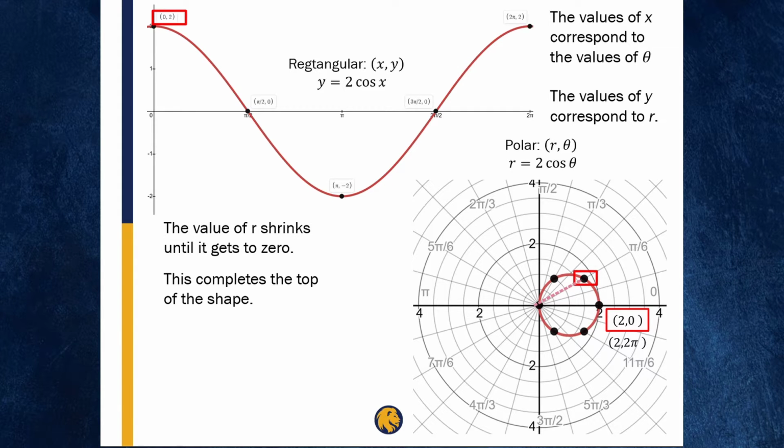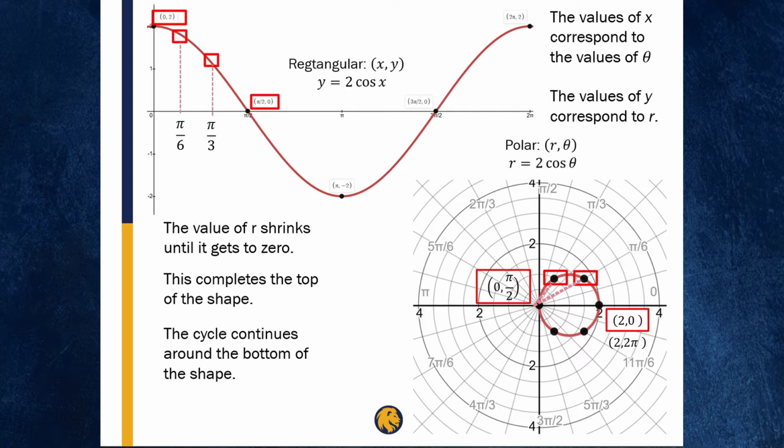So looking at the polar graph, notice how at pi over 6, it has a point for r, and then that point comes in closer to the origin at pi over 3 until it gets all the way down to 0 at the angle of pi over 2.